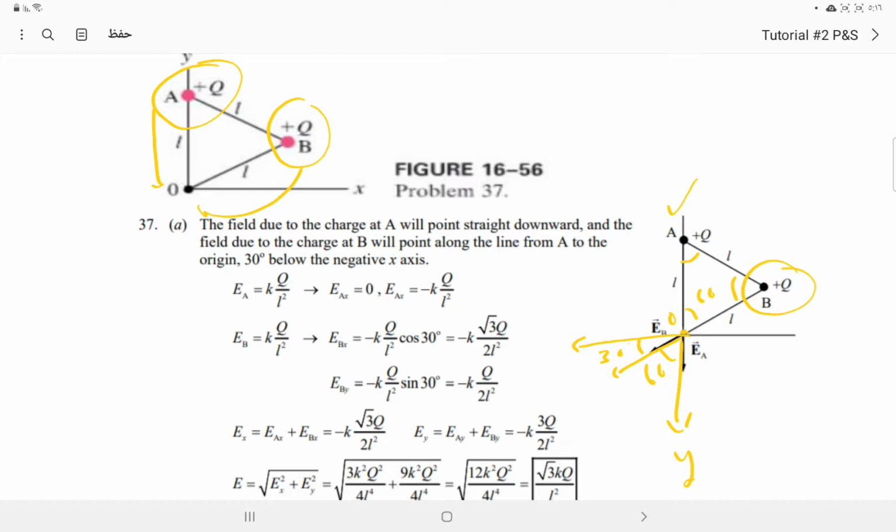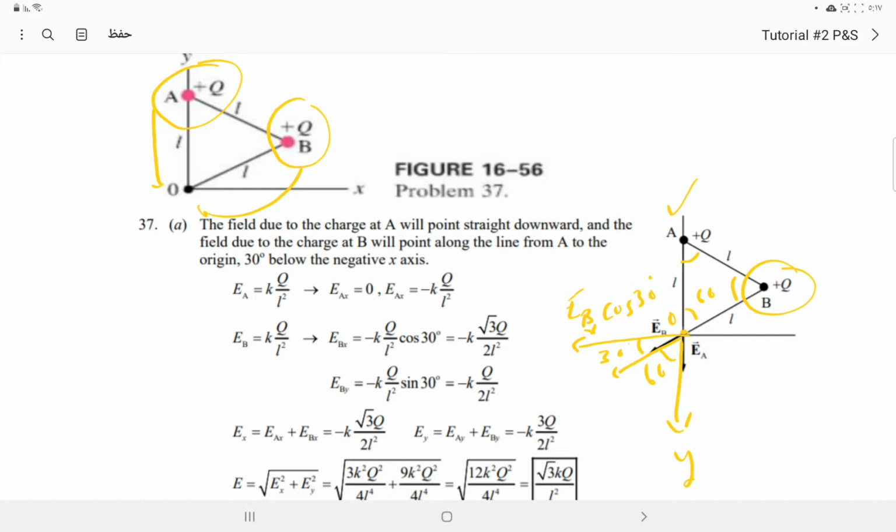One goes at an angle with the x-axis, and the other goes at an angle to the y-axis. So we call it EB cosine 30, and this will be in the x direction. Again, this one also has another component in the y direction.